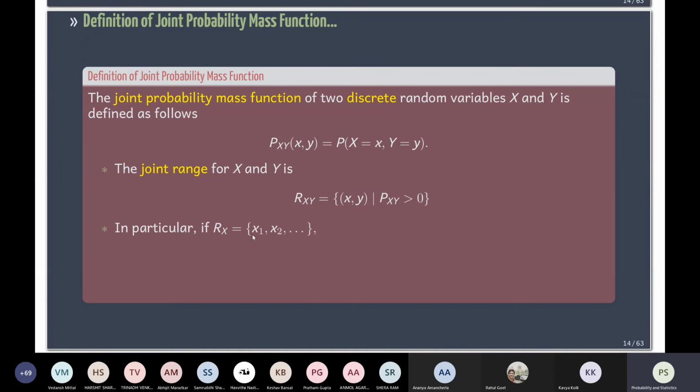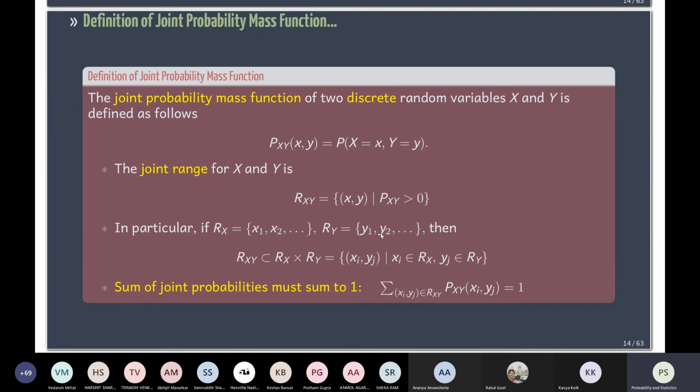In other words, if the range of X is x1, x2, and so on, we are following the discrete case for the moment, so we can enumerate these ranges and also the y ranges. We know that the range of (X, Y) will be a subset of these.